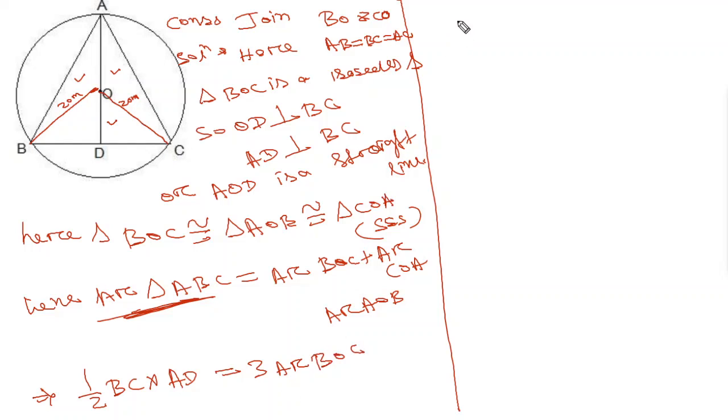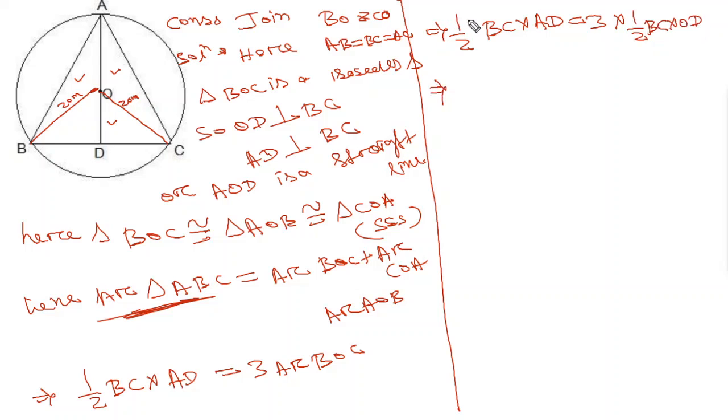This implies 1 by 2 BC into AD is equal to 3 into area BOC. Look at the figure. Area BOC will be equal to 1 by 2, base is BC, into height OD. So 1 by 2 BC into OD.